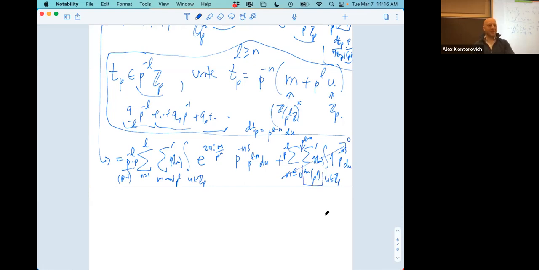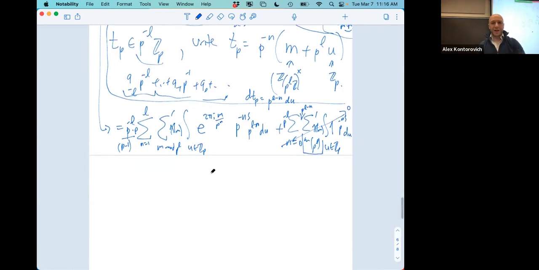That's why I broke it. Okay, let's look at this. What is my u dependence here? There's no u except for this integral. That integral is 1.